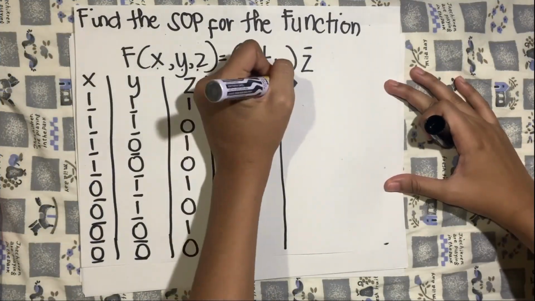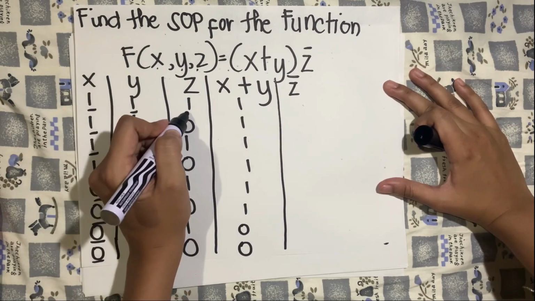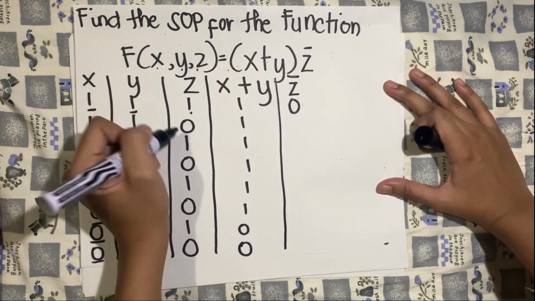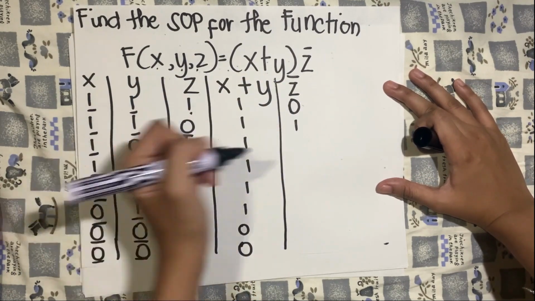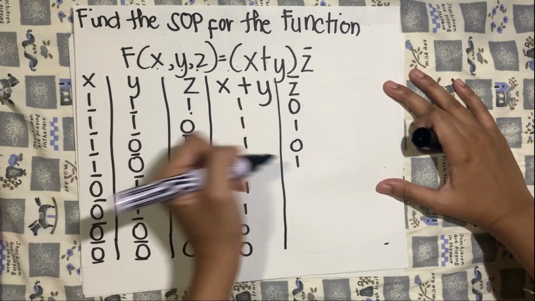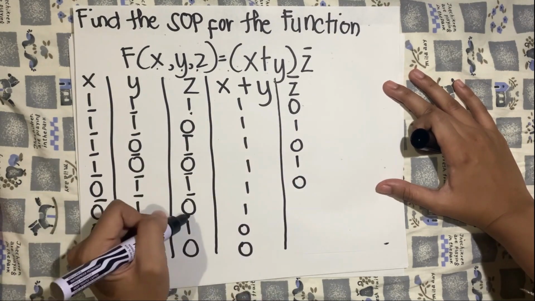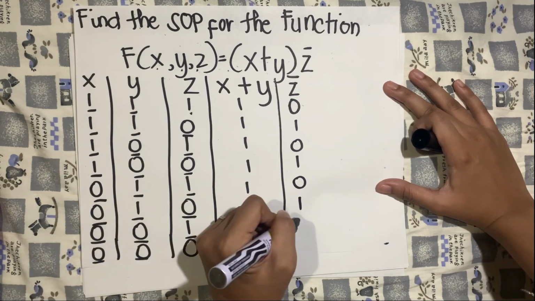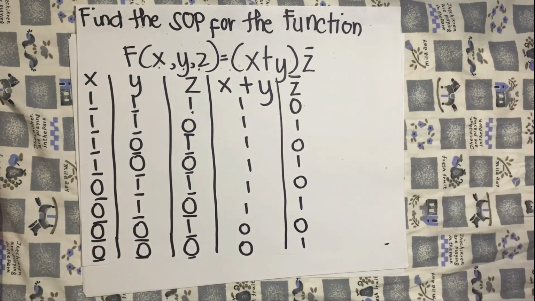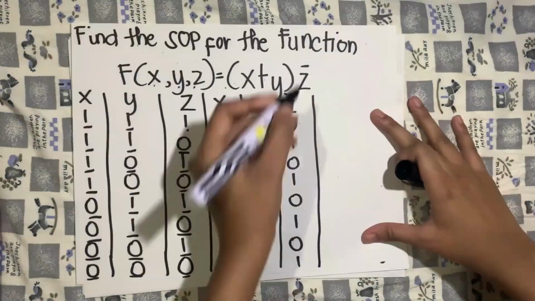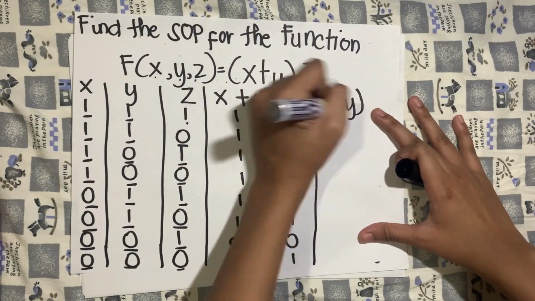Then, let's get the complement of z. So the complement of 1 is 0, then 1, and it alternates down the column: 0, 1, 0, 1, 0, 1, 0, 1. Then we combine x plus y and z complement.